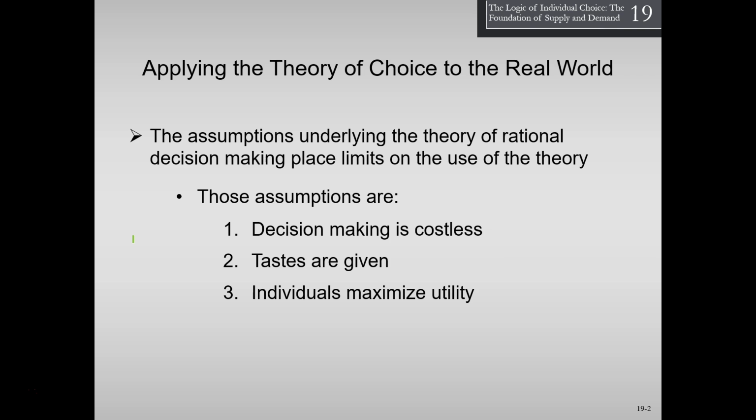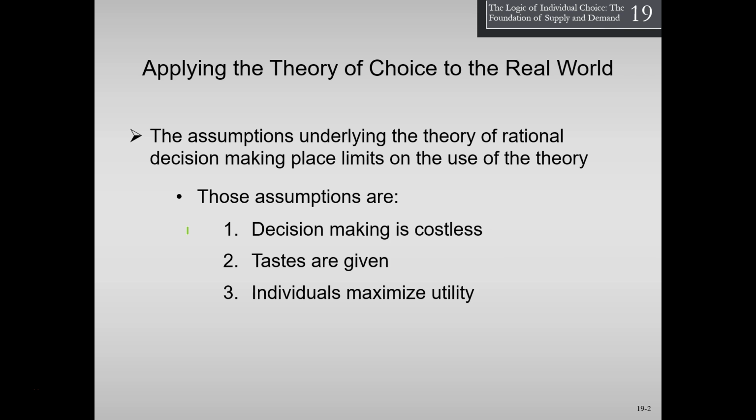So these are the assumptions that we are making in the models that we have been discussing, and those are that decision making is costless. There's no cost to the decision-making process. That's an assumption we're basically making. Clearly, that's not quite the case in real life. We'll discuss that further. Tastes are given, meaning individuals generally have a given taste already, and we'll discuss how that may not be the case in all cases.